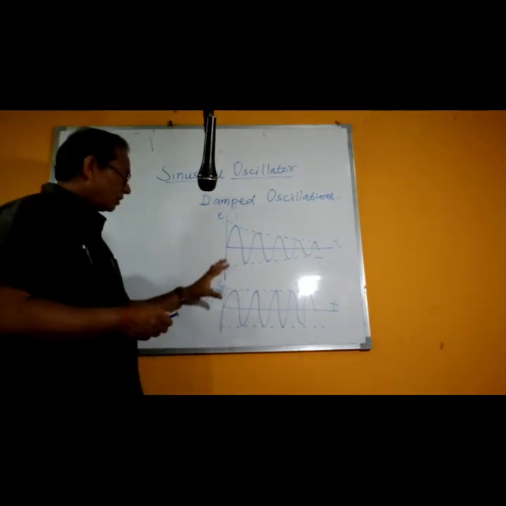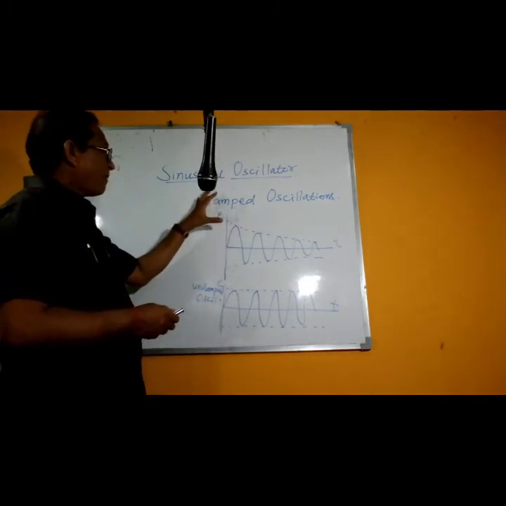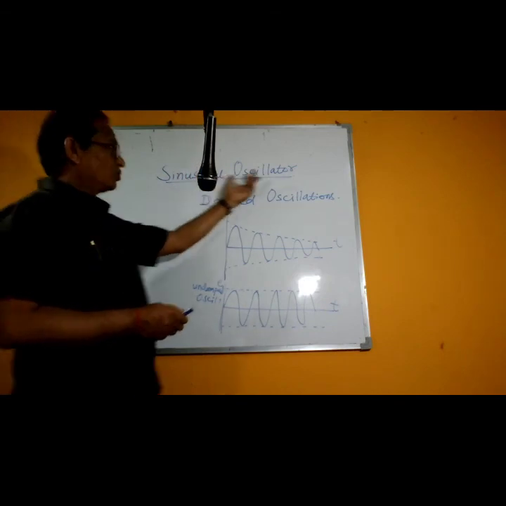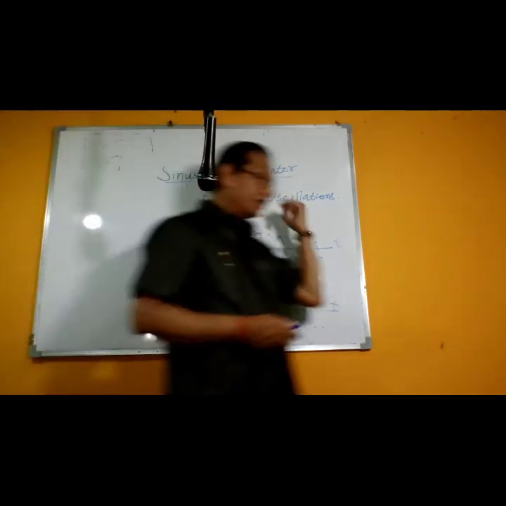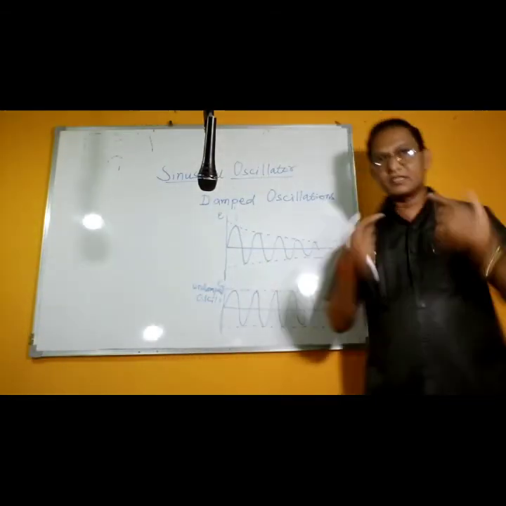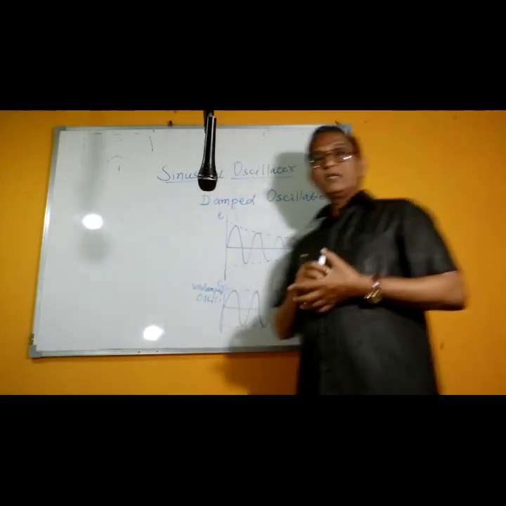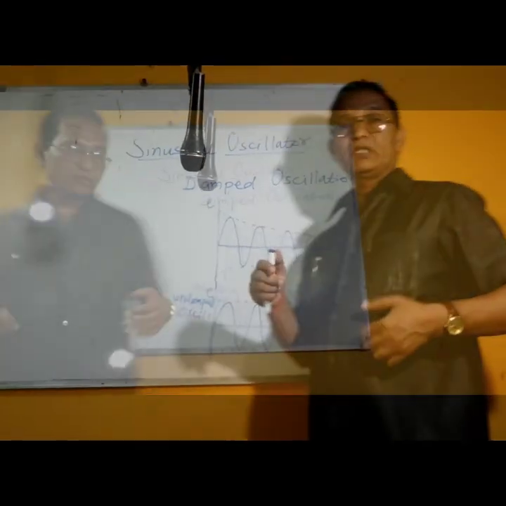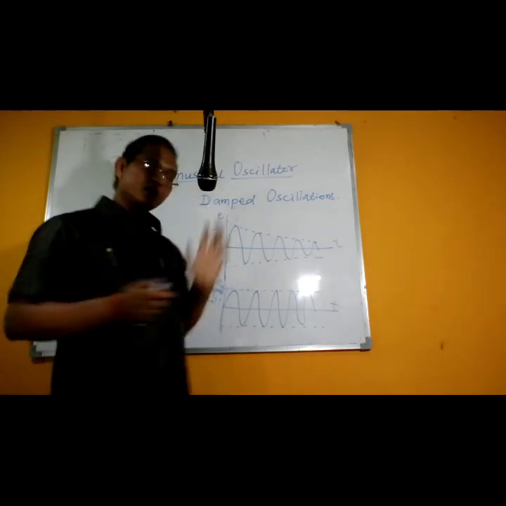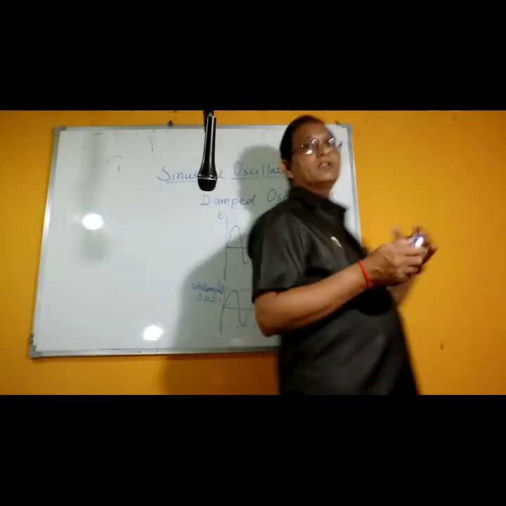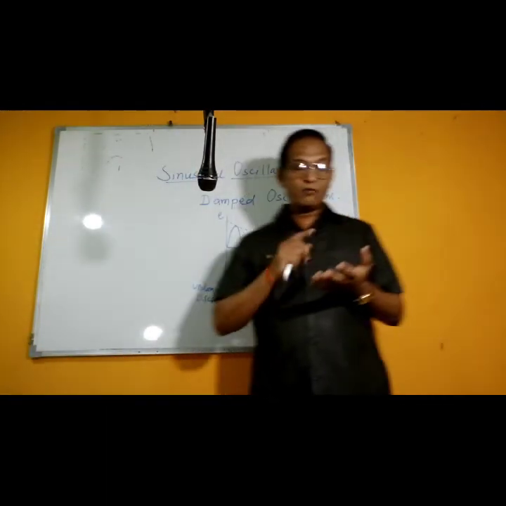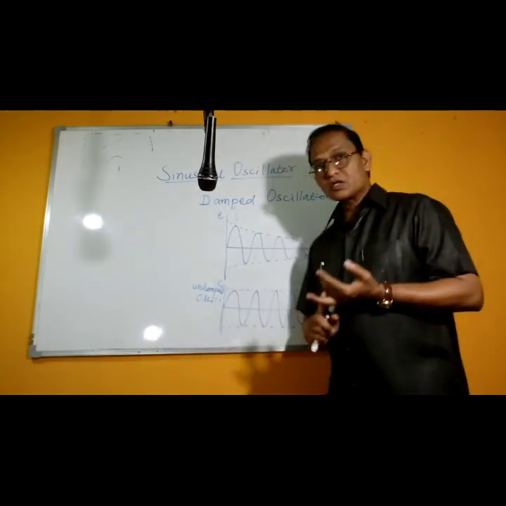Now, as we have seen, why do we need the sinusoidal oscillator? It converts energy from one form to another, that is, DC energy is converted. We have compared this with the alternator. An alternator gives waveforms up to 50 hertz only.